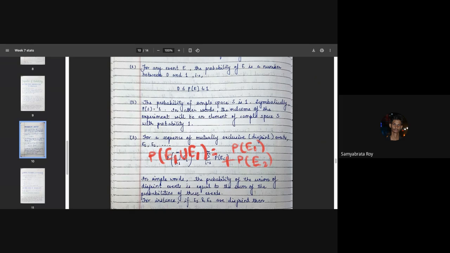They can't occur simultaneously. Clear so far? Yes or no?